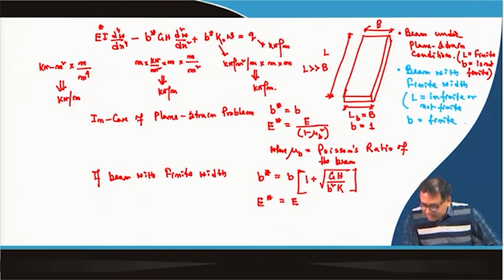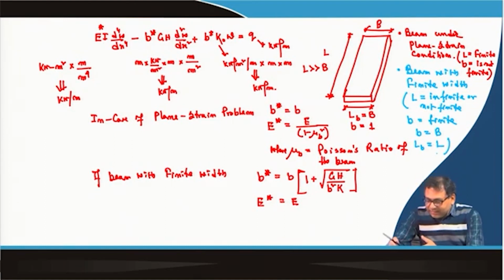So, in such case your B will be equal to finite width. So, width of the foundation, and L will be equal to length of the foundation. Okay. So, that means the length is infinite or not finite, because it is very large compared to the width, and B will be the finite, and which is width of the foundation.